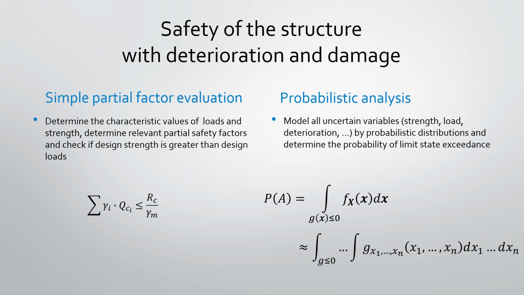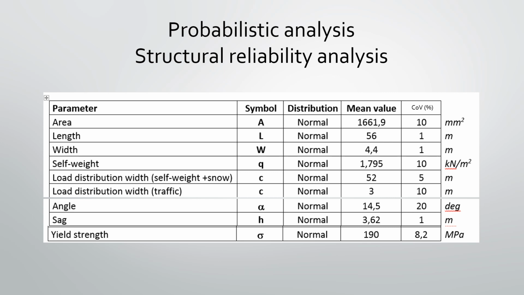given in some standards. The student group that looked at this bridge some years ago assumed that all uncertain parameters could be modeled as normally distributed with mean value and coefficient of variation as given here. A note of caution: particularly the loads would normally not be normally distributed, but that is a different discussion that we will take later.